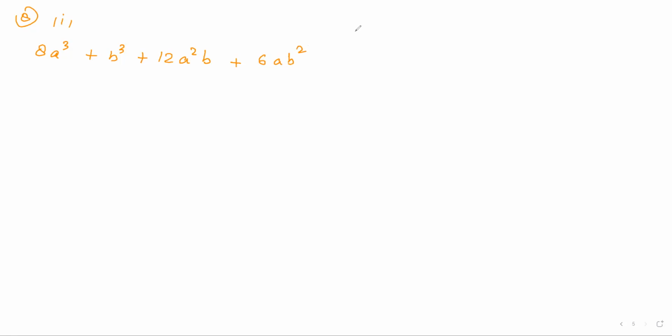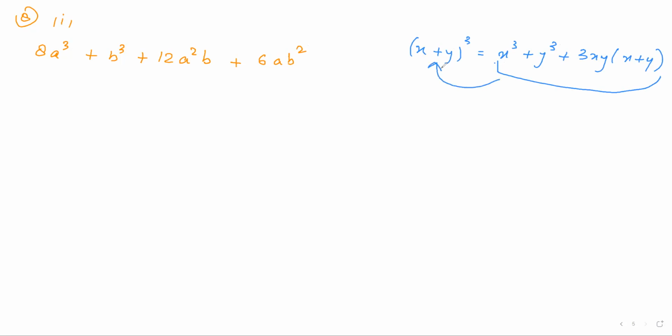So actually, I just want to bring it into this form, which is my identity, which is x plus y whole cube, equal to x cube plus y cube plus 3xy into x plus y, right? So if my right hand side is this, that means the answer is going to be this. Is this okay? So I just want to see whether my right hand side is like this or not, right?